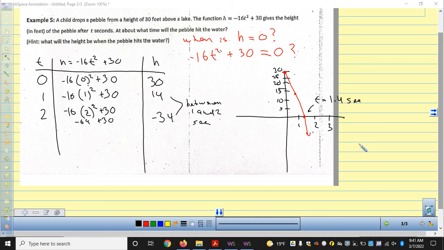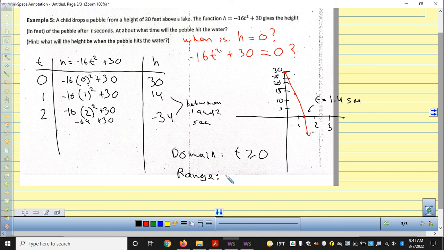Now what if this problem asks us what the domain of this function is? What t values are we plugging in here? Are we plugging in time less than 0? No. So we're going to say our domain is t greater than or equal to 0. So we plugged in 0. That's right when we start. What about our range? Our y values? Well, where do we start when we have the pebble in our hand? 30.